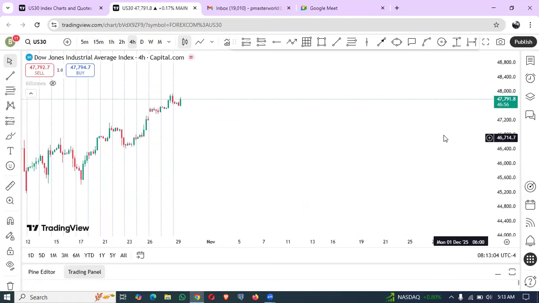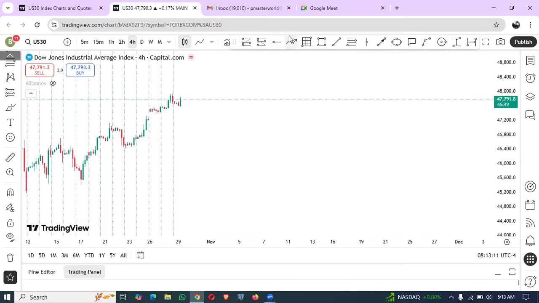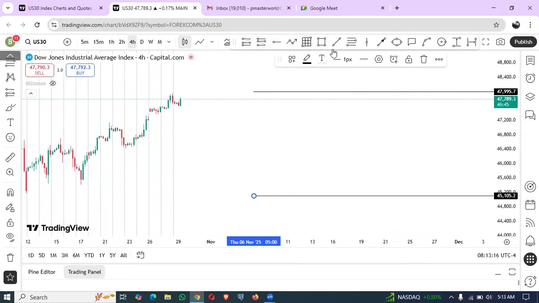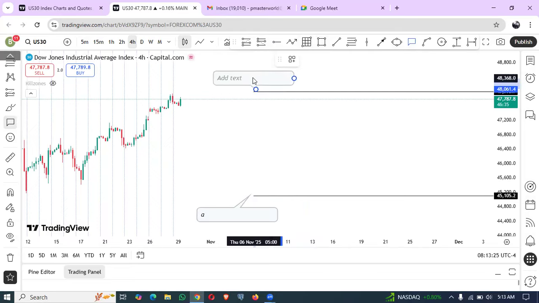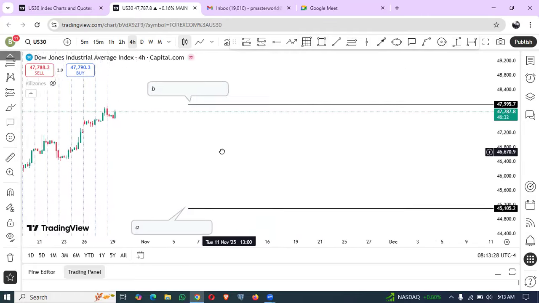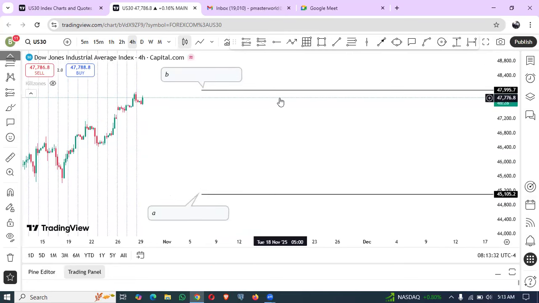So let's say we have two zones here. Zone A, zone B. This is A. This is B. So you have a market that was previously bullish.